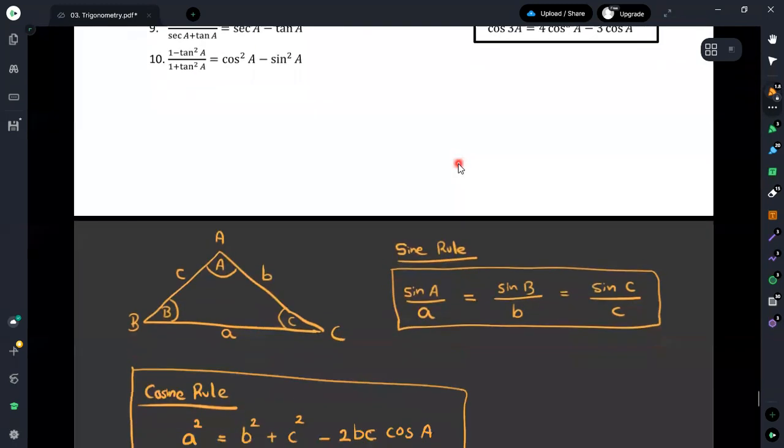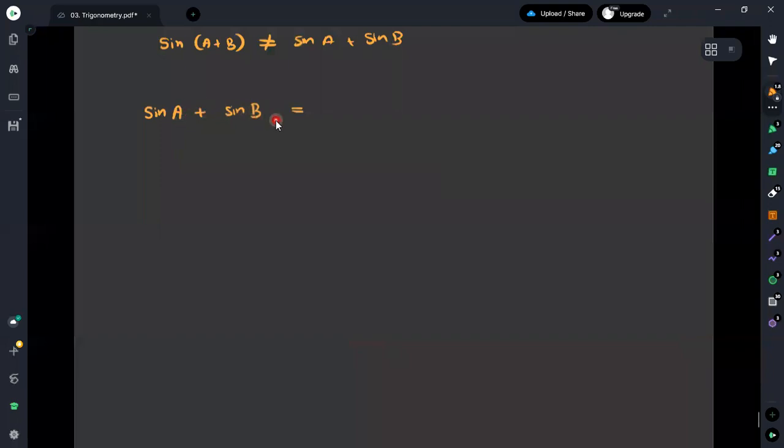When we add the two sine values, this can be obtained as 2 times sine of A plus B over 2, multiplied with cosine of A minus B over 2. This is the equal quantity for sine A plus sine B. If you are just using a calculator, we do not need these identities.